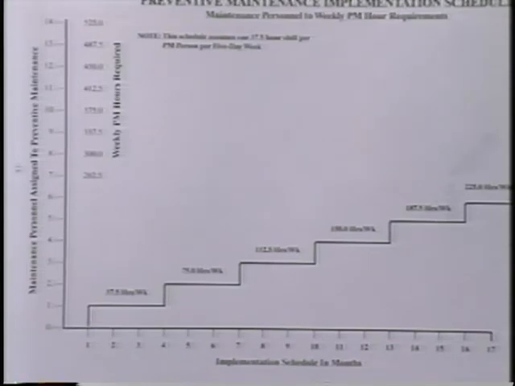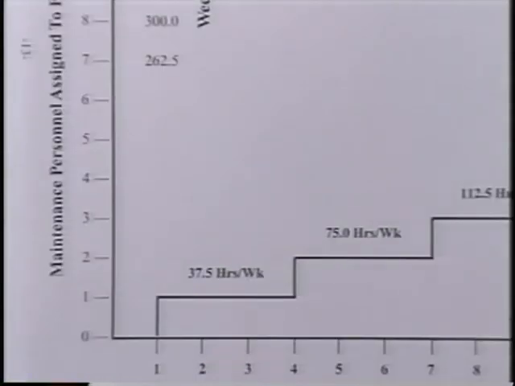But the weekly time period that I'm addressing is 37.5 hours of total available craft capacity per, let's say, person. Now, going to the left-hand vertical column, that represents the number of craft personnel that ultimately may be put into the PM program.